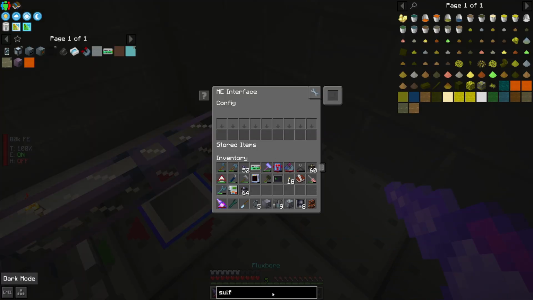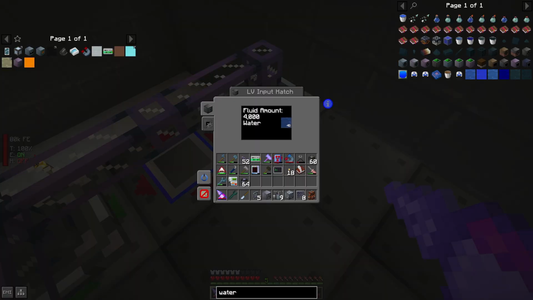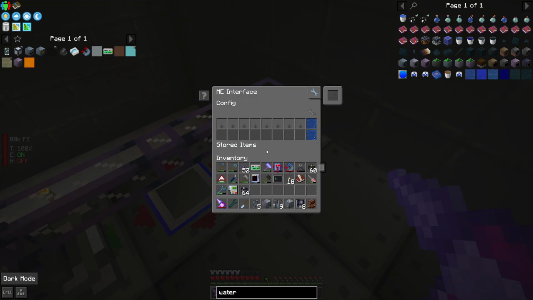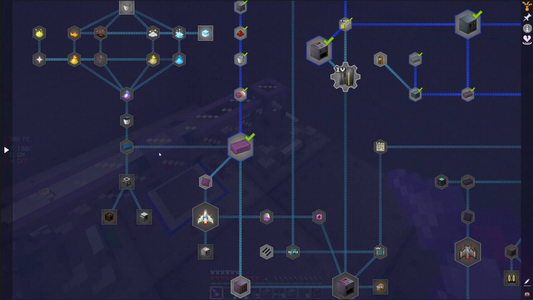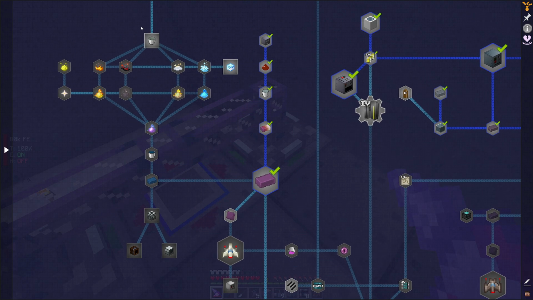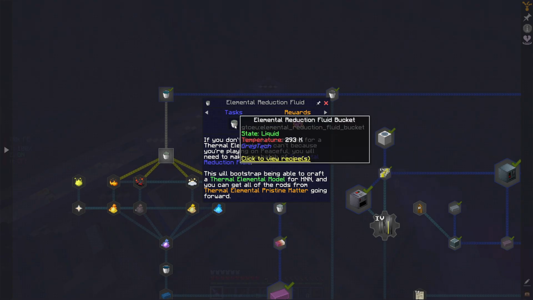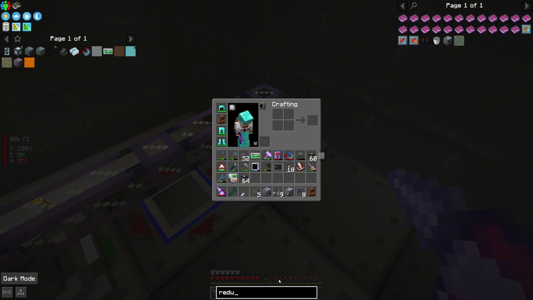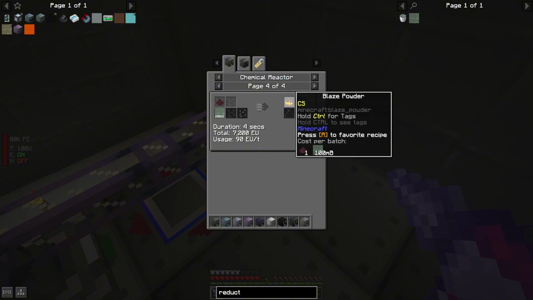And then we're going to need water, and we're close to getting the water cell from AE2, but we need to get into the mana infused metal. The metal, what was it called again? Mana infused metal, yeah. So we need to get into doing the reduction fluid, which, if I'm not mistaken, we could probably set up in the autocrafter to make this, and then have chemical reactors for each of the 4 sources here.